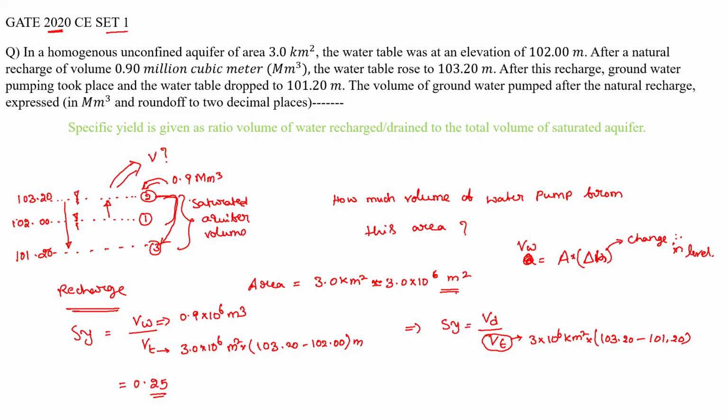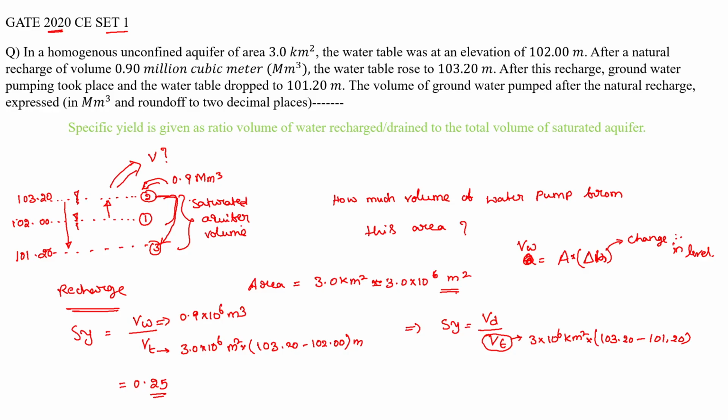From this saturated aquifer volume, some amount of water will be taken out. It may be confusing why we have taken 103.20 minus 101.20 as the volume, because, as you know, there are two terms. One is specific yield, another is specific retention.